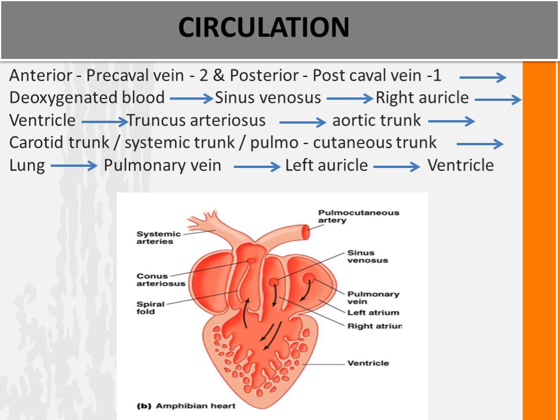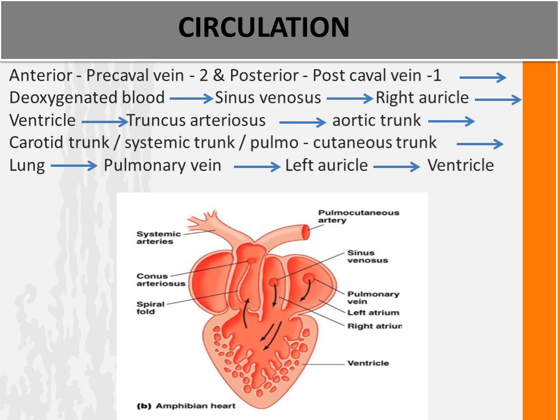The veins collecting deoxygenated blood from the anterior side are known as precaval veins, and there are two of them. The vein collecting deoxygenated blood from the posterior region of the body is the postcaval vein, and that is only one. These three veins bring the deoxygenated blood to the heart.